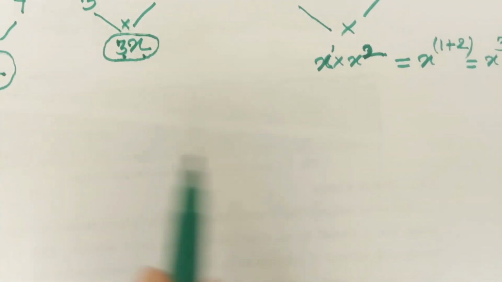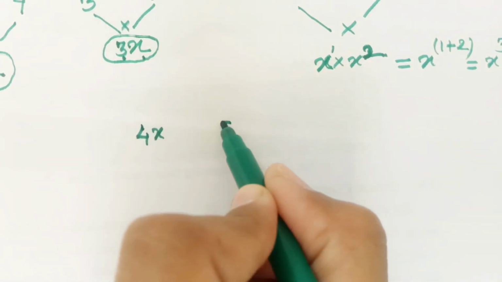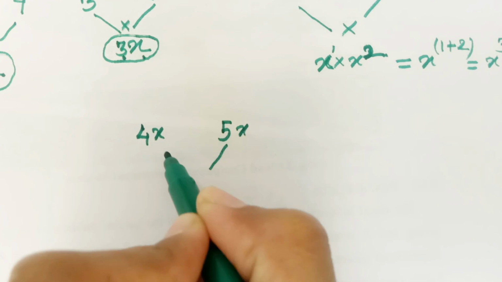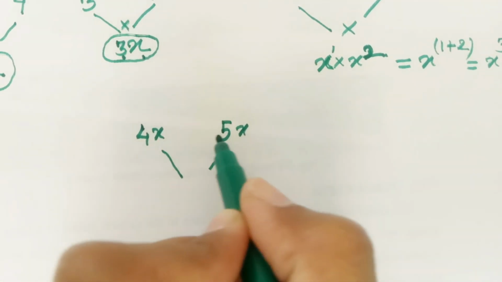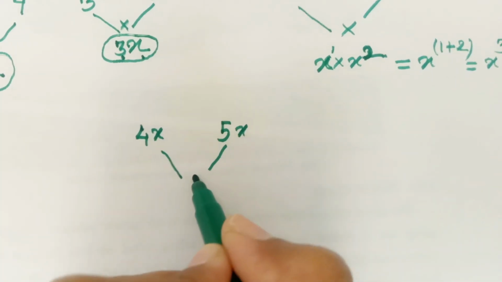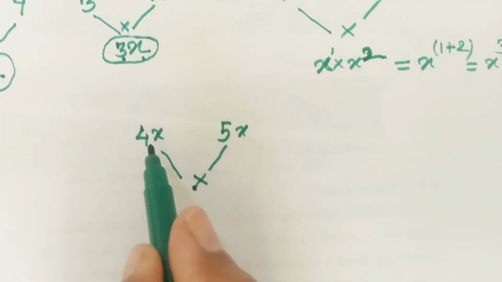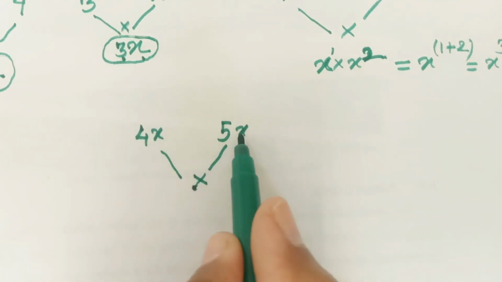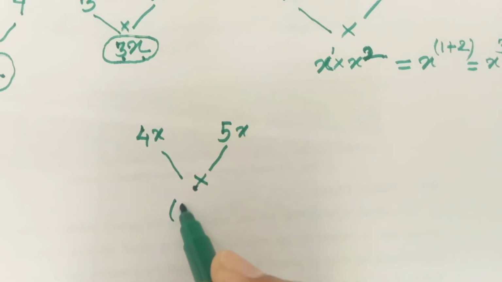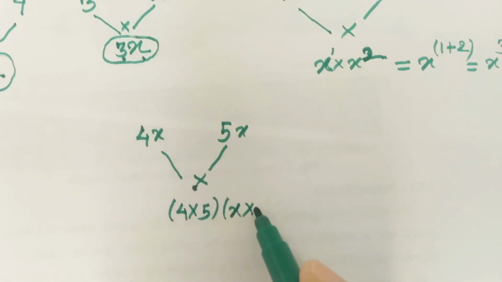Next, if we are given terms like 4x and 5x, where each contains a constant into a variable, and we want to multiply them, then we take the product of constant into constant and the product of variable into variable, that is 4 into 5 into x into x.